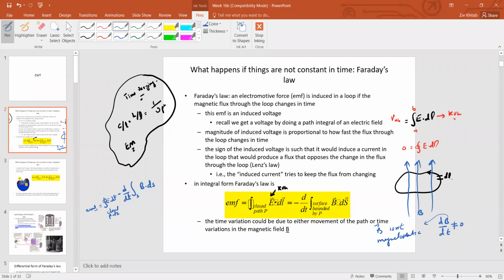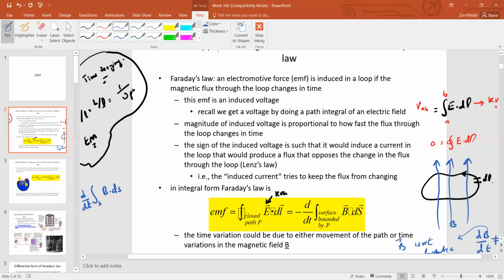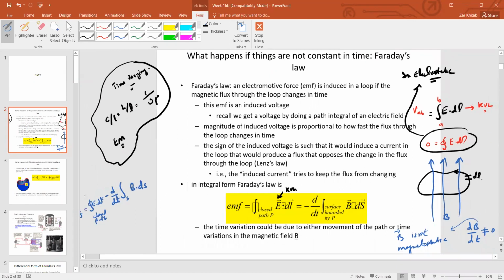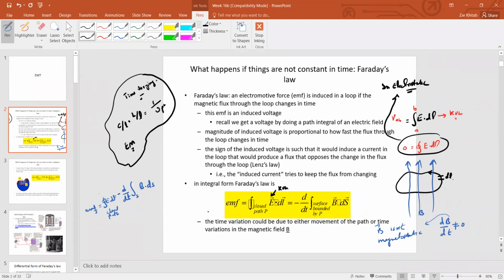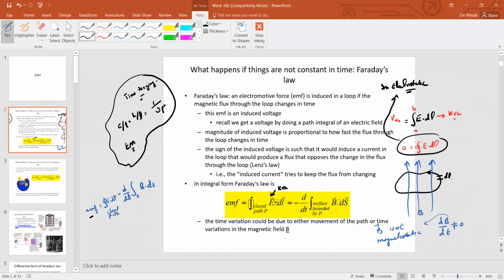See, there's a little difference here. Previously we said that in electrostatics, when the charges are static, the closed loop integral of E dot dl was going to be zero. But now, when the magnetic field is changing in time, this is producing an EMF.